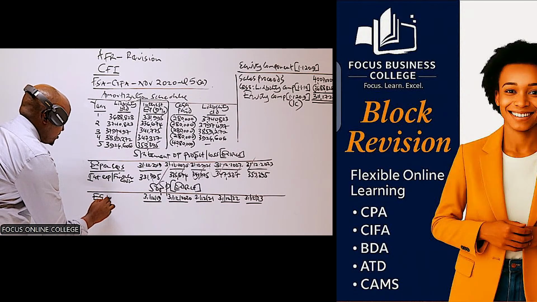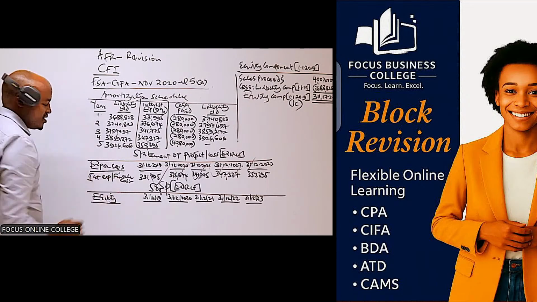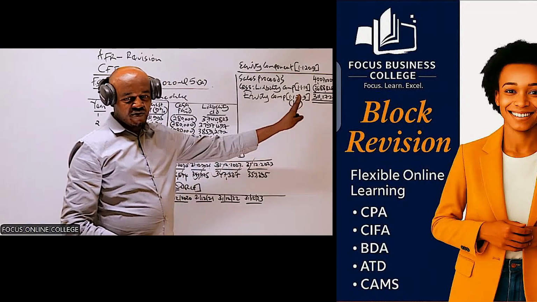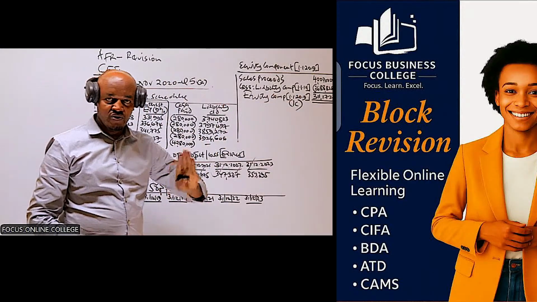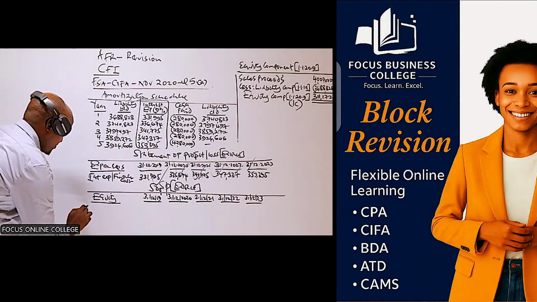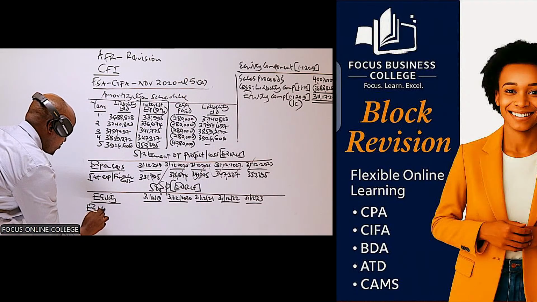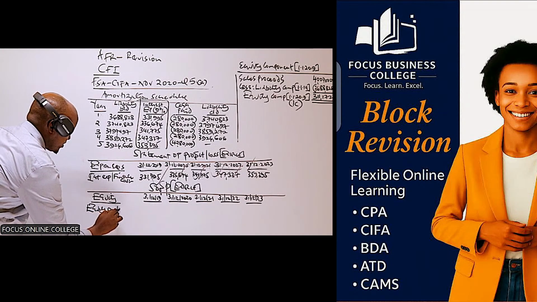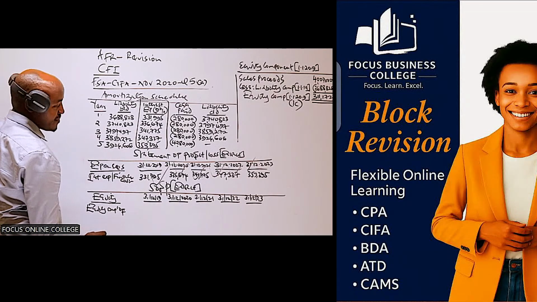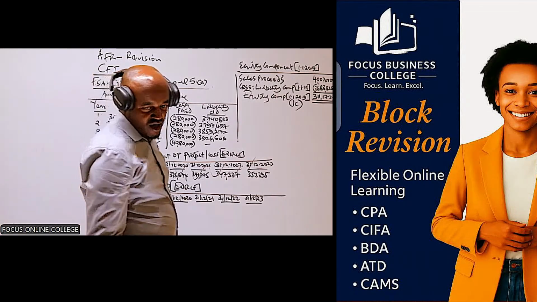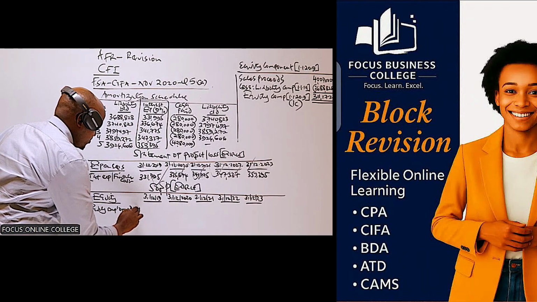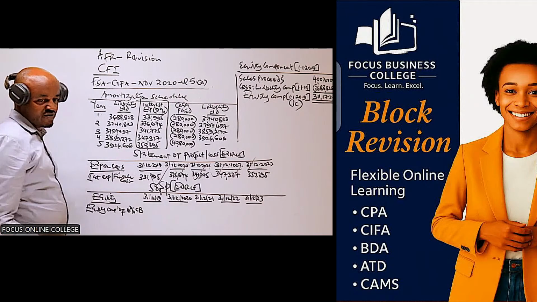So 2 items to be recognized here. One, at the equity, our company will recognize this particular component here, the equity component. And you have said that the value for this equity component will not change over the period of 5 years. So under the equity, the company will have something called the equity component of 10% convertible bonds.